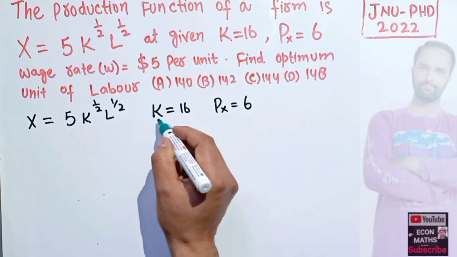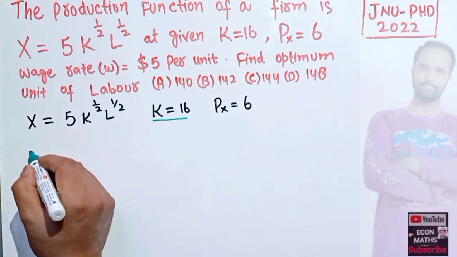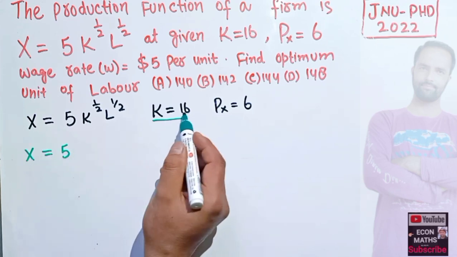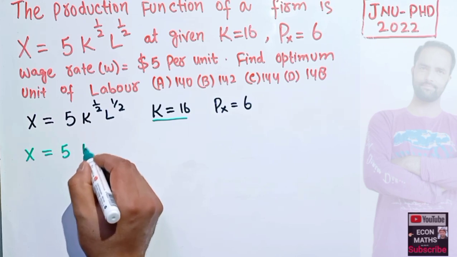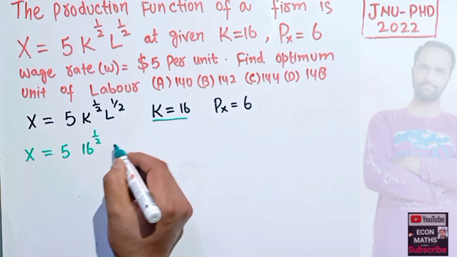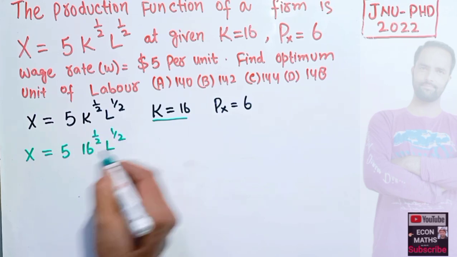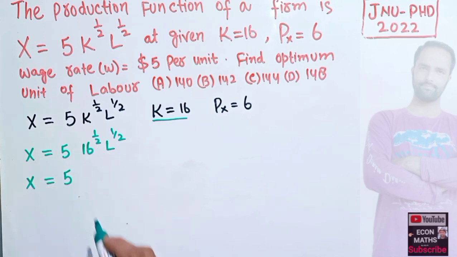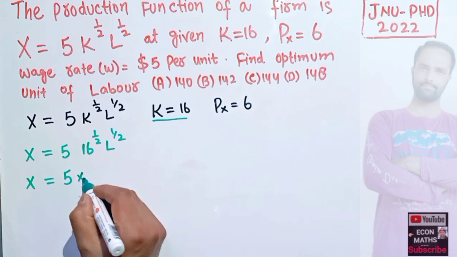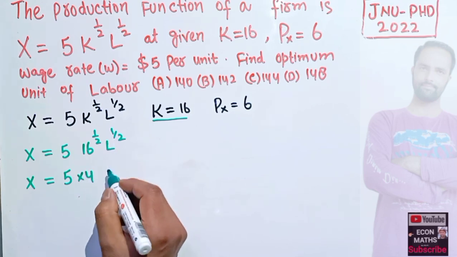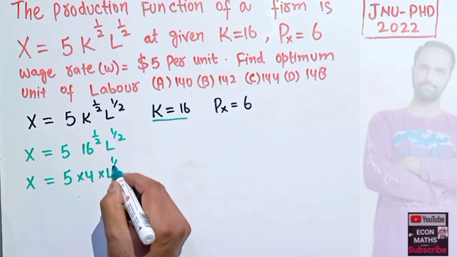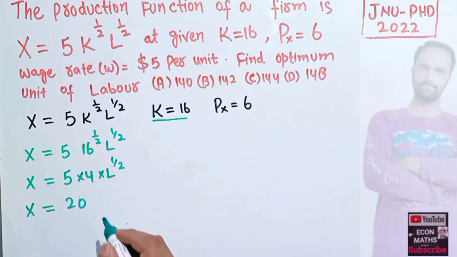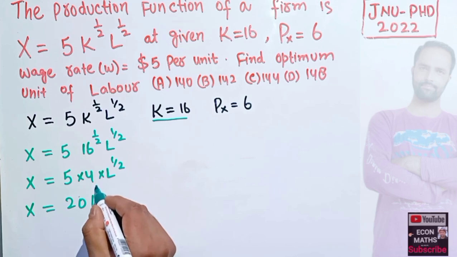First, we plug the value of K in the production function, that is X will be equal to 5 times 16 raised to the power 1 upon 2 times L to the power 1 upon 2. That gives us X equal to 5 times, now 16 raised to the power 1 upon 2 is 4, times L to the power 1 upon 2. So our X is equal to 20 L to the power 1 upon 2.